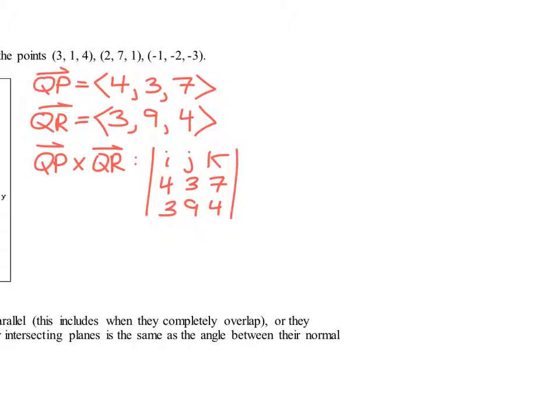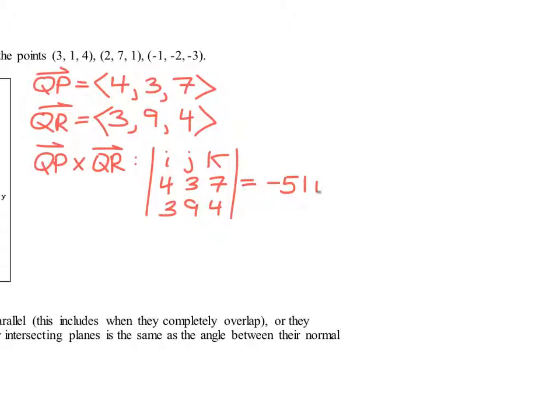All right, so what are we talking about? 12 minus 63, so negative 51. 7 times 9 is 63, right? Yeah. Okay.